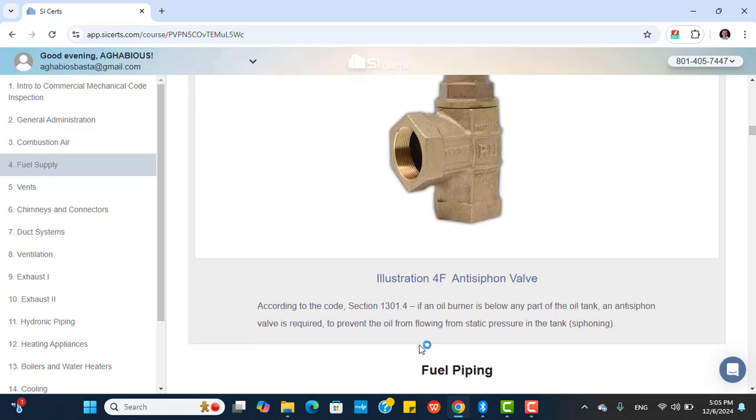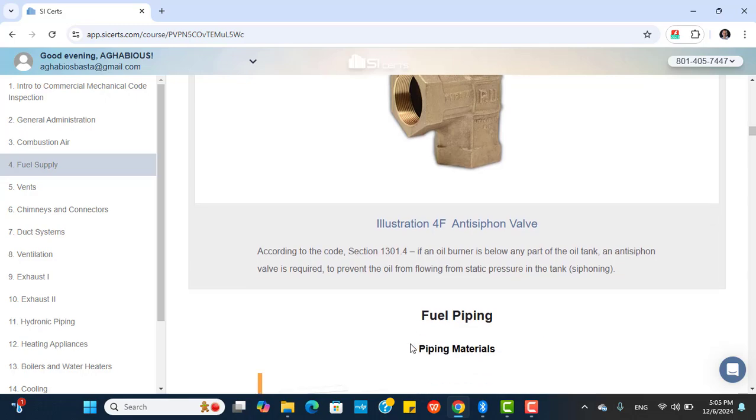According to code section 1301.4, if an oil burner is below any part of the oil tank, an anti-siphon valve is required to prevent the oil from flowing from the tank by static pressure siphoning.